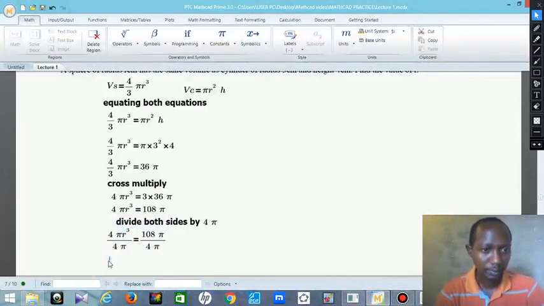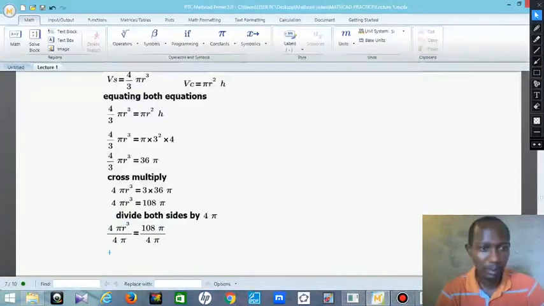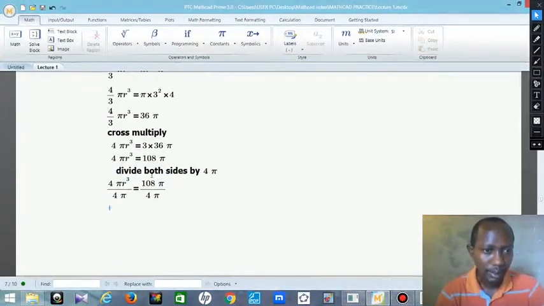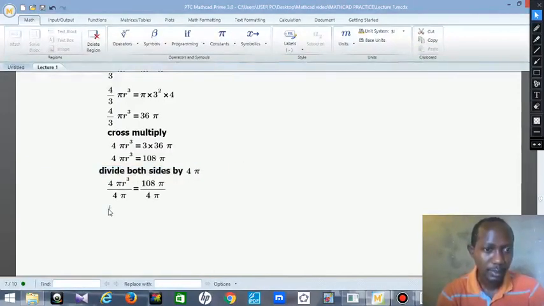Let's move up a little so you can see it clearly. Dividing both sides by 4 pi gives us this.